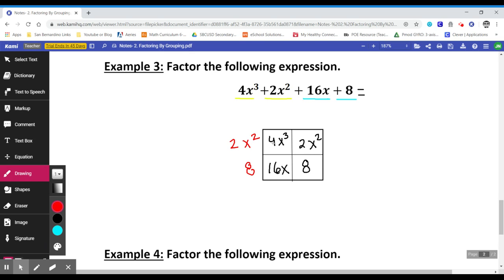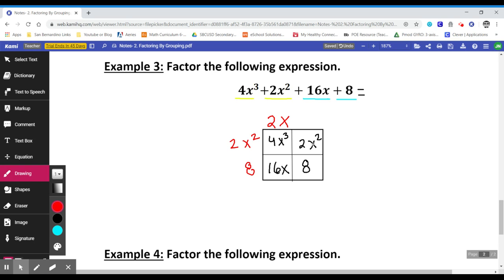So even though I can take a 4 from both of these, I'm actually going to change that into a 2, because 2 times 2 would give me 4. And then I'm actually going to change that into an x. If you notice, now it actually multiplies to everything correctly, right? So 8 times 2x will give you 16x, and then 2x squared times 2x will give you 4x to the power of 3.